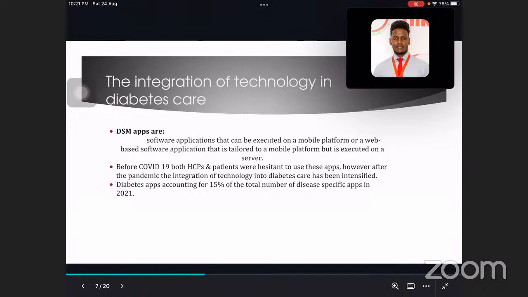There are many applications for different types of diseases, but diabetes applications account for up to 50% of the total number of disease-specific apps up to 2021.